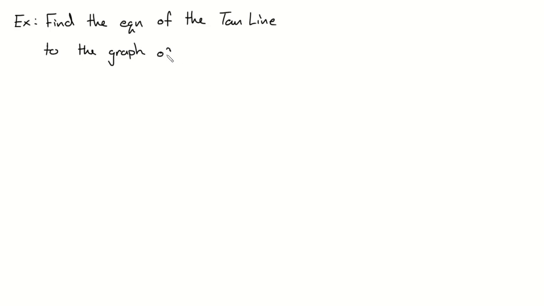I want us to find the equation of the tangent line, and I'm just going to call it a tan line, to the graph of, and I'm going to be really wordy, but you guys can shorthand this as much as you want, the graph of x squared plus y squared equals 4 at, or when, rather, x equals 1.